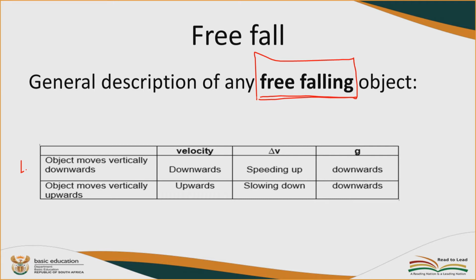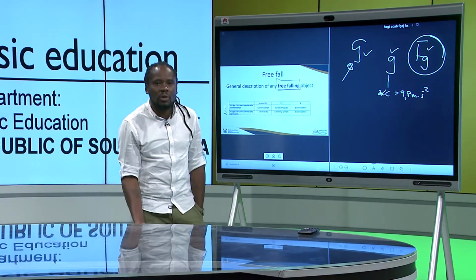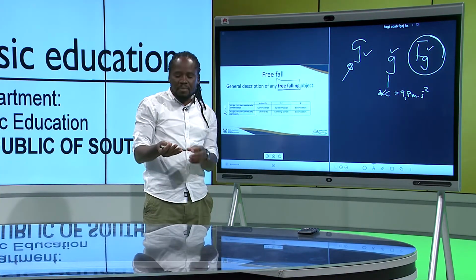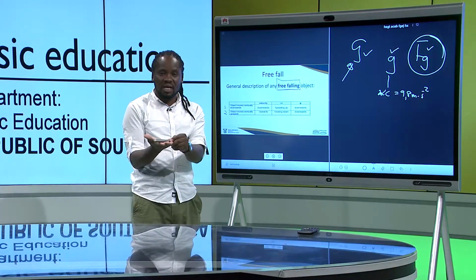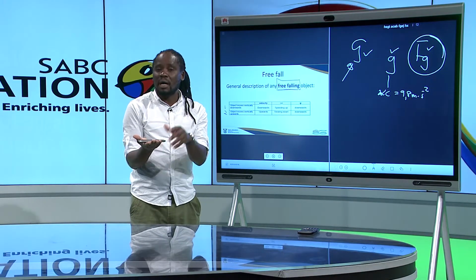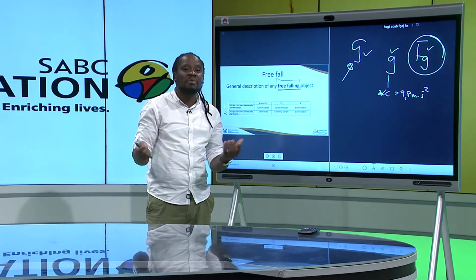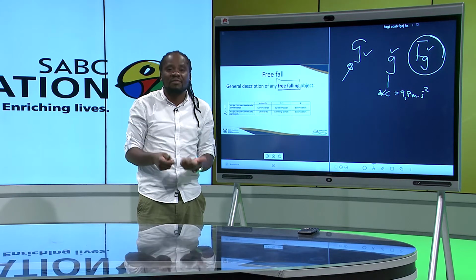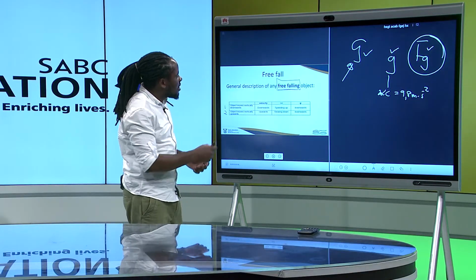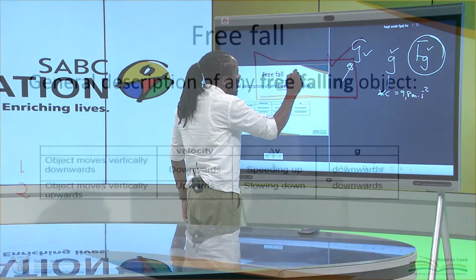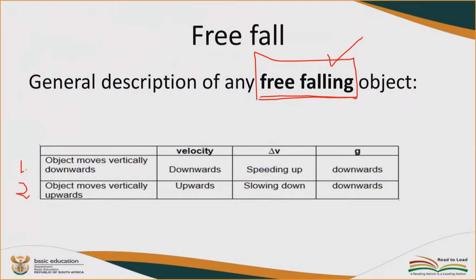And then secondly, let's look at an object that moves vertically upward. Let's create a scenario. You throw an object vertically upwards. What happens is once the object leaves the hand, there's no more applied force that acts on the object. It simply means that only gravity acts on that object, meaning the object is indeed experiencing free fall, right? Now, how does the velocity change?